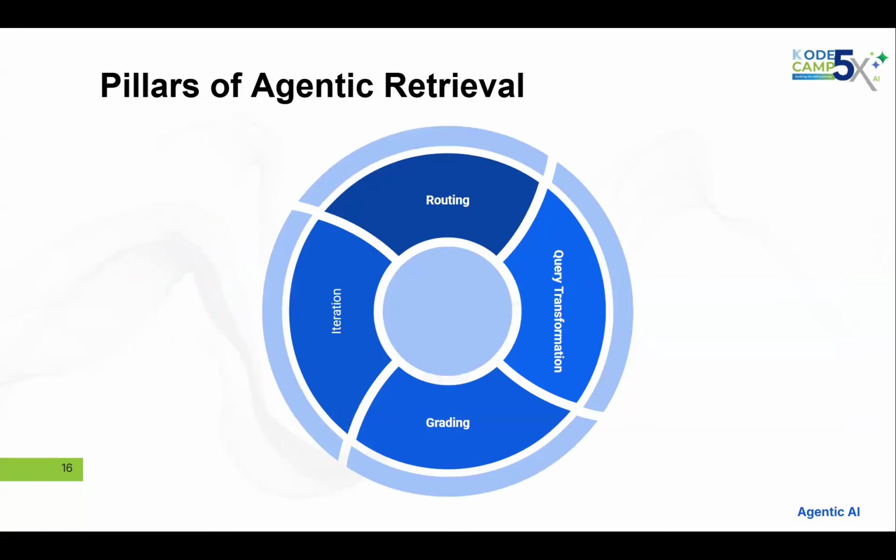Now we'll look at the pillars of agentic retrieval, and they are primarily routing. That's what I just described, where the LLM decides based on its analysis of the retrieved information.